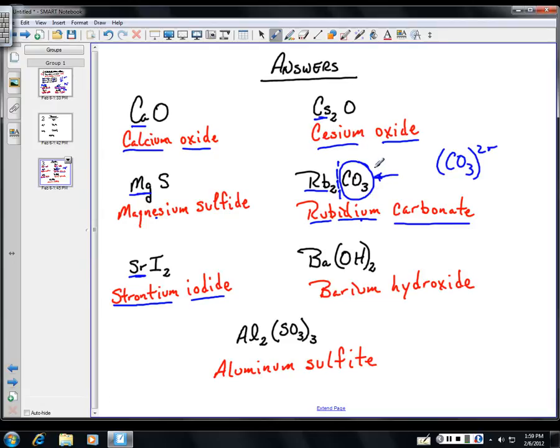We didn't put it in parentheses. If there had been more than one carbonate anion, we would have written something like CO3, and we'd have put a set of parentheses, and then we'd have put another number there to represent how many carbonate anions were in that formula.